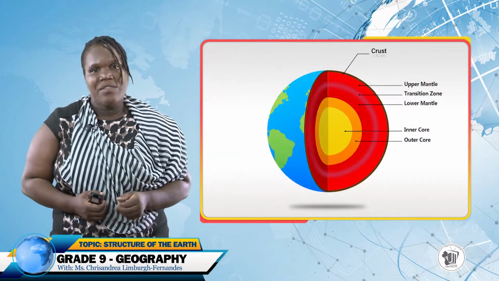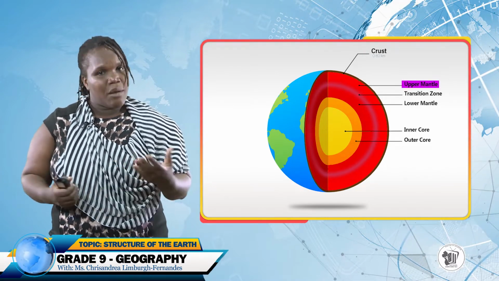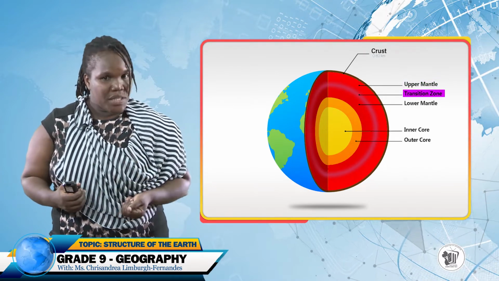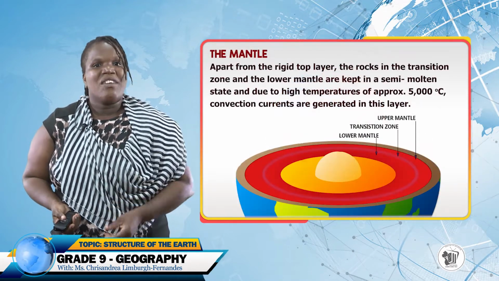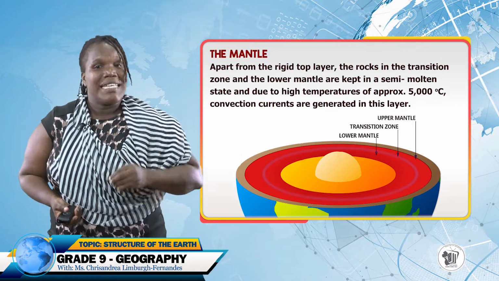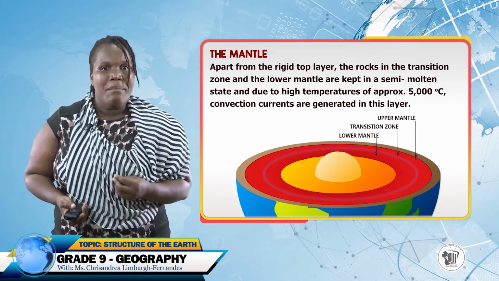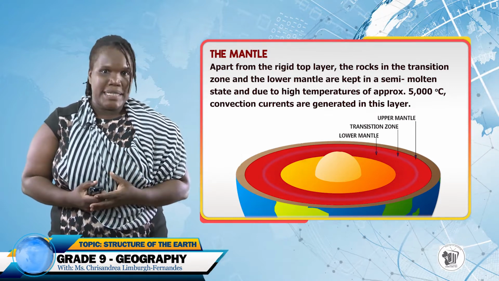Note that this layer is divided into several components, 3 of which are the upper mantle, the transition zone, and the lower mantle. Unlike the rigid top layer of the mantle, the rocks in the transition zone and the lower mantle are always kept in a semi-molten state.